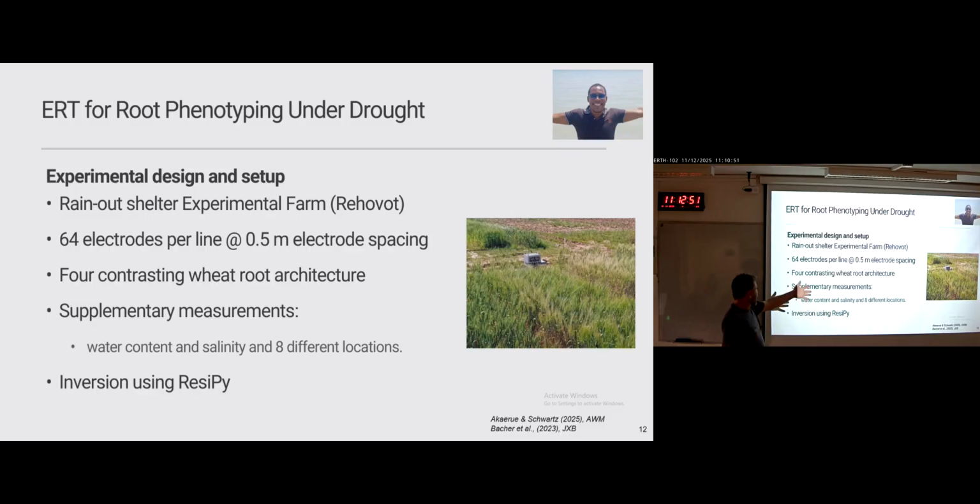So we did electrical measurements. In this case, our line was 32 meters long with 0.5 meter electrode spacing. We also took supplementary measurements of water content, salinity, and all kinds of plant physiology parameters. We used ResiPy for inversion.